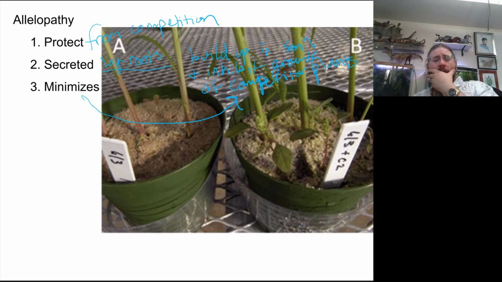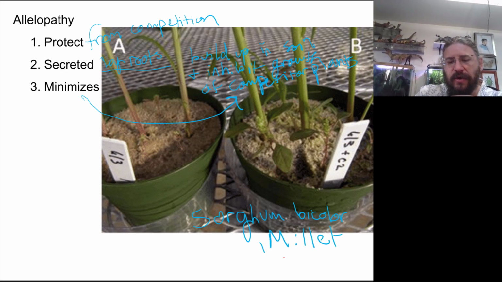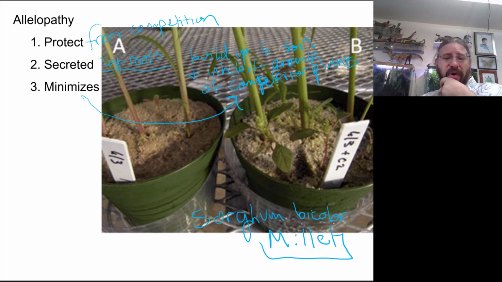Okay, so why? First off, my example here is a plant called sorghum bicolor. Millet, you might know it by in the agricultural world. It's an important agricultural crop, which is kind of cool.